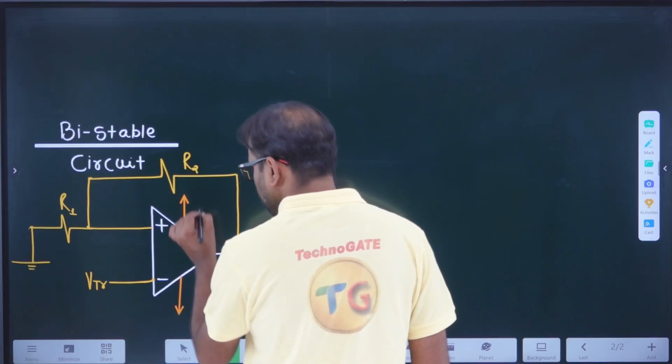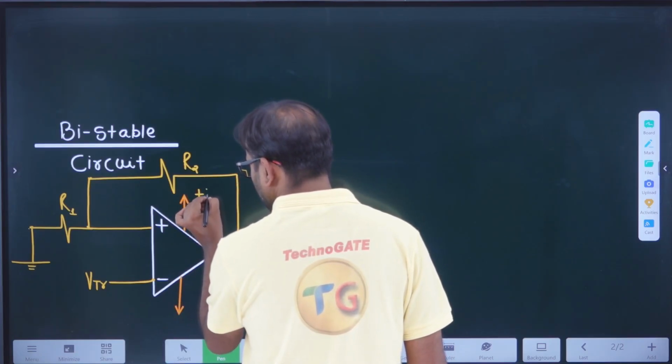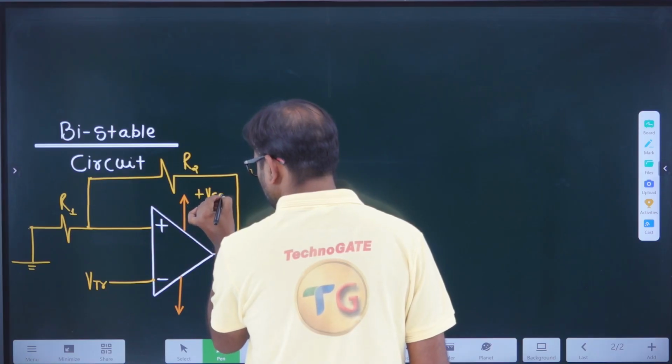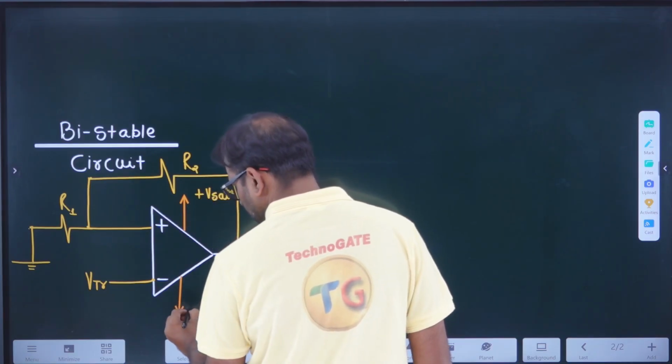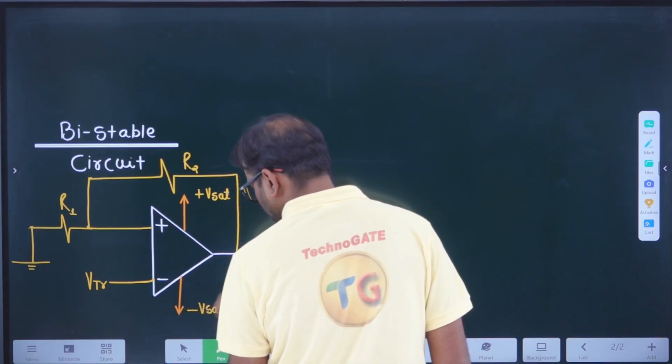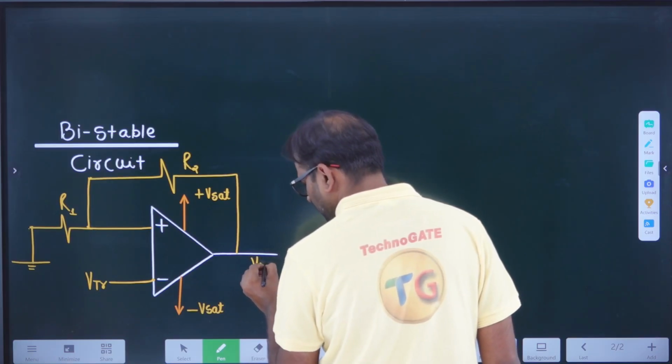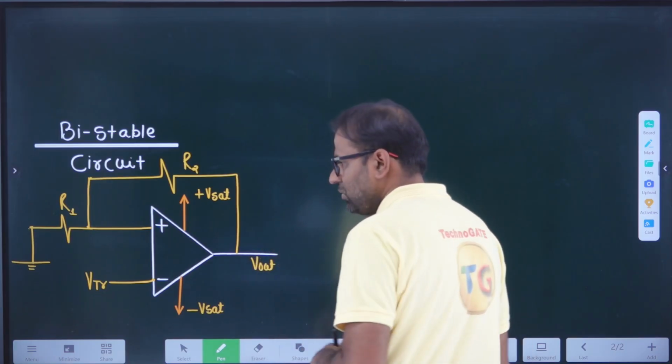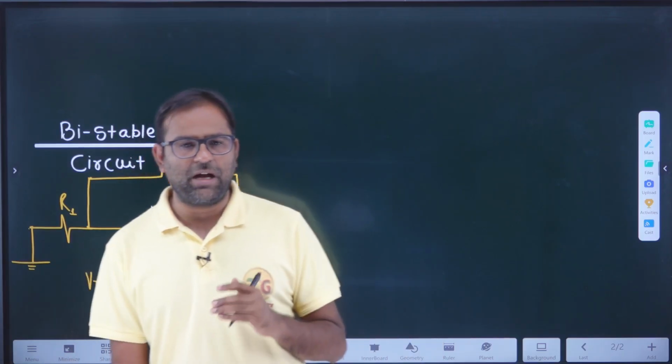This is plus V saturation and this is minus V saturation, and this is Vout. So this is the complete idea.